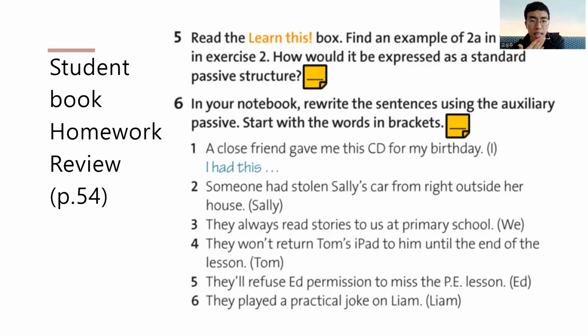Sally has had her car stolen from right outside her house. Okay, if you're confused, write it down as I say, on your notebook. Again, I'm gonna repeat it. Sally has had her car stolen from right outside her house.